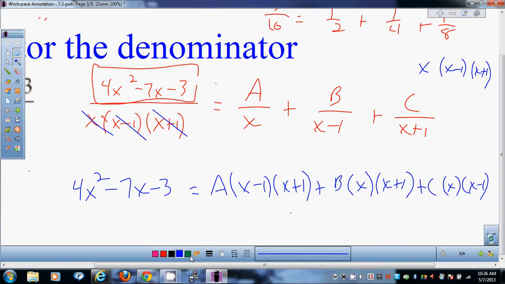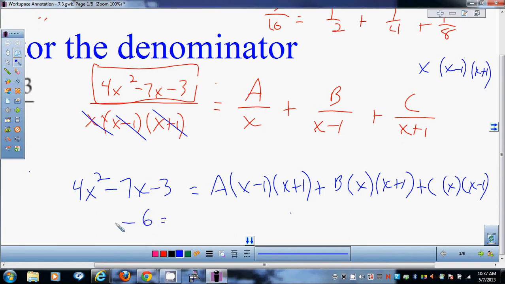1. If I plugged in positive 1, that would make a go away. And what else would that make go away? C, because this has an x minus 1 as well. So you're going to plug in 1 for x, and watch what happens. You plug in 1 for x, both sides. That becomes 4 minus 7, which is negative 3, minus 3, which is negative 6.